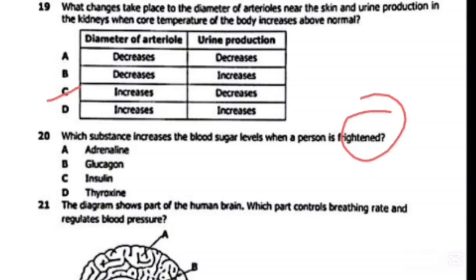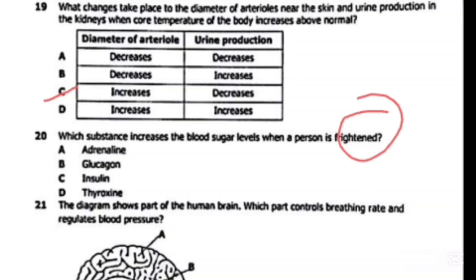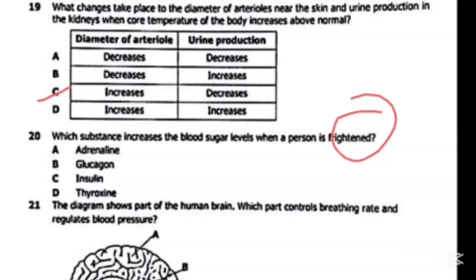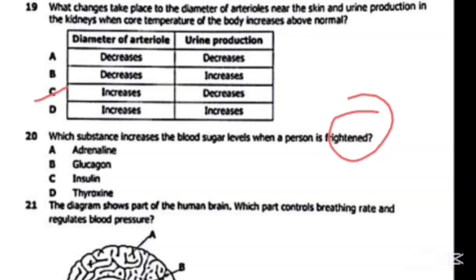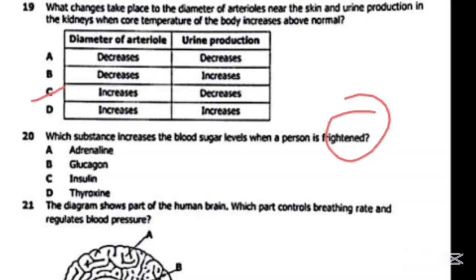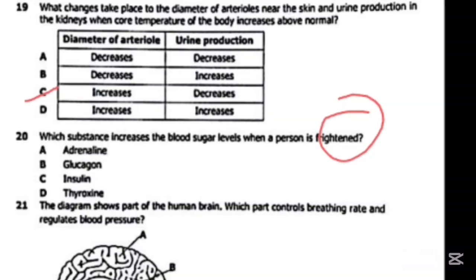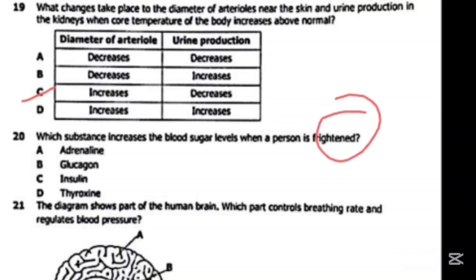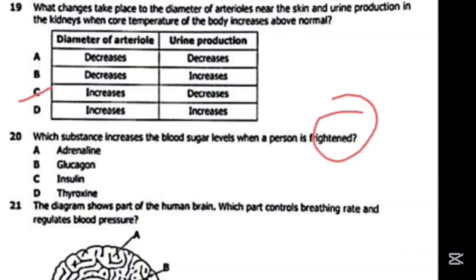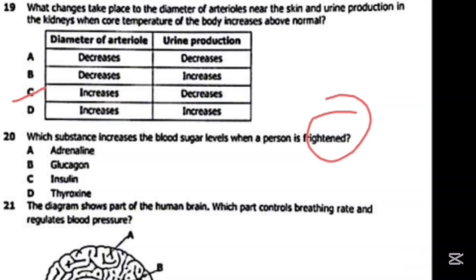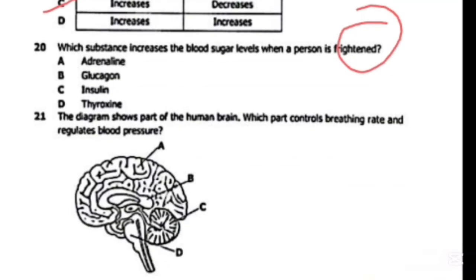We know that blood sugar is responsible for production of energy via the process of respiration. So if we increase blood sugar levels, the process of respiration will also increase, therefore leading to you having a lot of energy. That's why when people are scared, they run a lot, because adrenaline is high and the energy production is high.